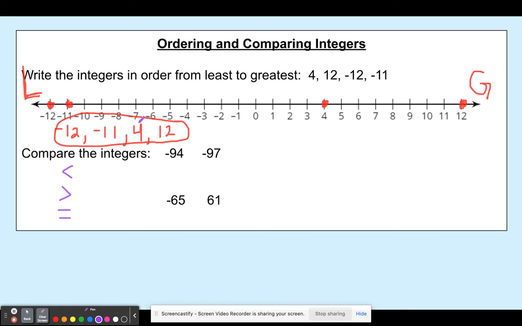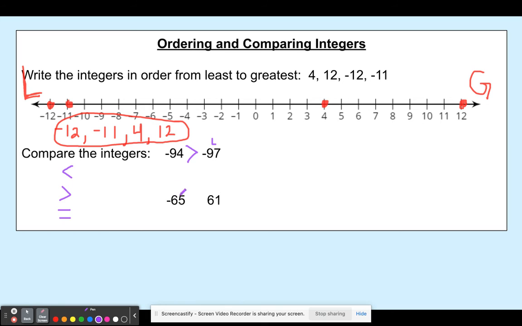So I'm going to think of which one is least, which one's the most negative. So think to yourself, which one of these two is the most negative? The most negative is negative 97. That one's the furthest below zero, so that one's the least. That means my alligator mouth wants to eat negative 94 because it's bigger.